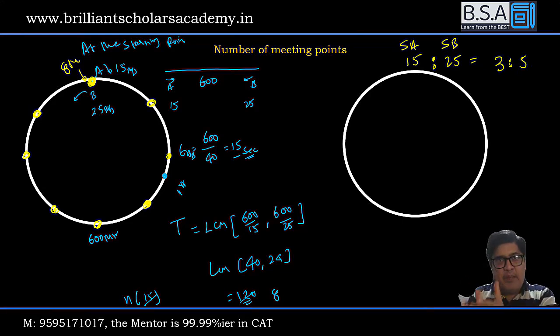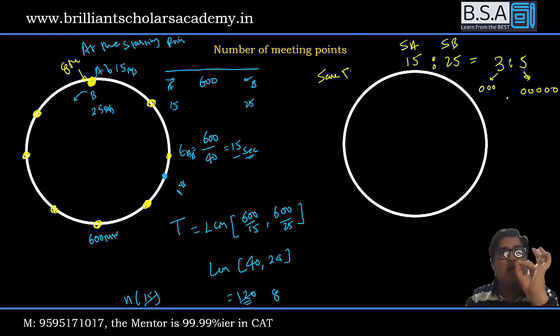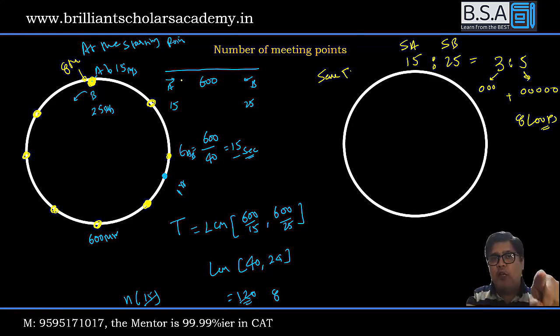What this interpretation means is that in the same time, this person will complete 3 loops as the other person completes 5 loops. So how many loops have they covered together? They have covered 8 loops. Do you remember this approach?